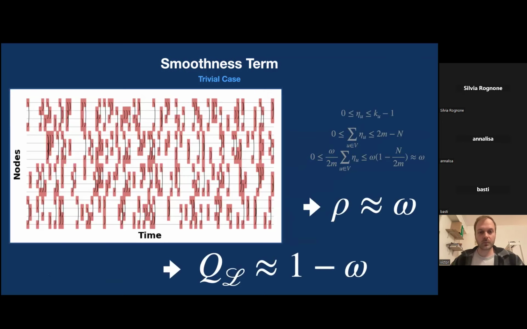Okay, an example on the smoothness term. If we have this trivial case, if you remember the expectation formula, they all depend on the community's duration and on the node lifetime inside communities.